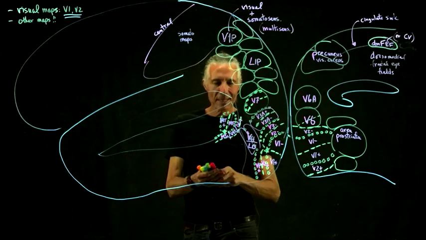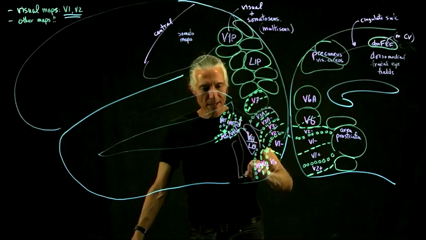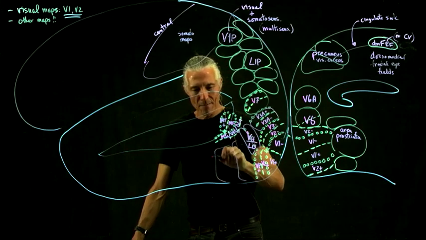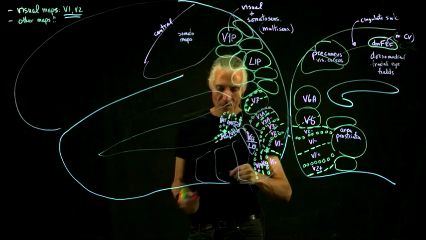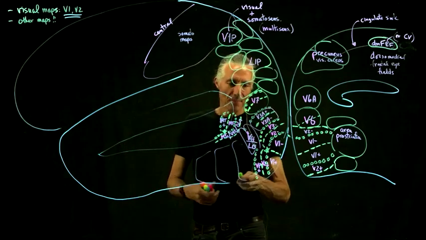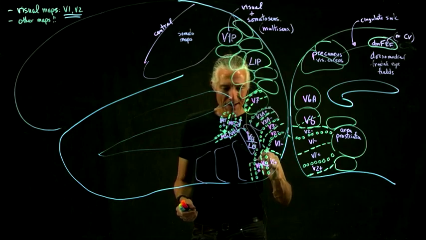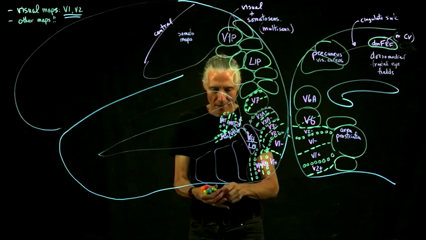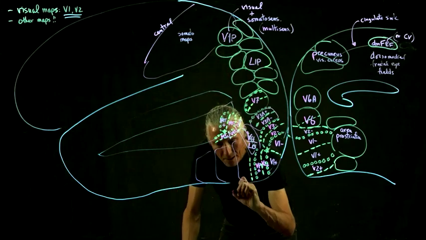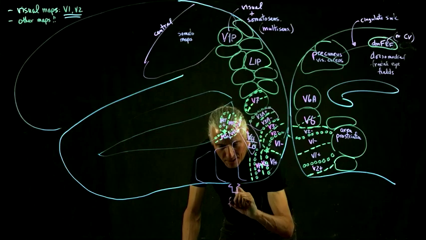And then finally, there's a series of areas that extend anterior to VIP. So there's a little thin area here. We'll just put that one and not write a name in it. And if you look underneath here, this is where you have things like the fusiform face area.